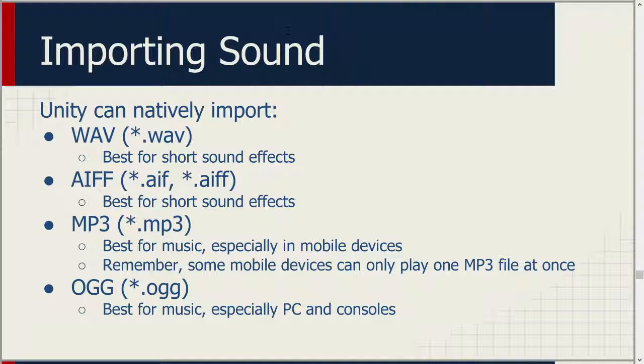MP3s and OGGs, on the other hand, are a lot better for music files because they're compressed files, but they're also what's called lossy, which means they can lose some information in the process of compressing. So while they're best for music, generally you don't want to use them for sound effects, because your sound effect will lose a lot of detail as a consequence of compressing. Music, however, there's not much of a choice because you want to keep the file size as small as possible.